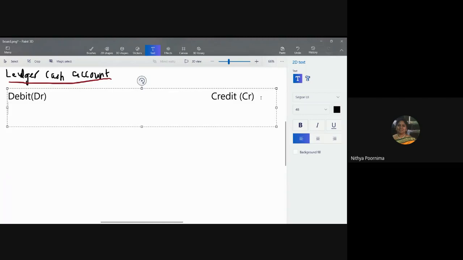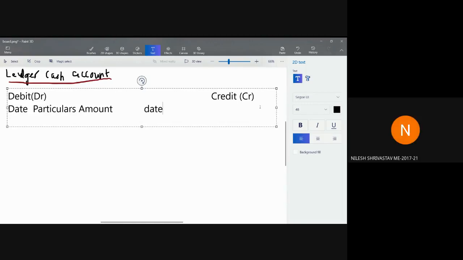Now to make the table, what all do I need? I need date, then I need particulars, then what is there? Amount, right? In the ledger entry you copied, it's the same, right?